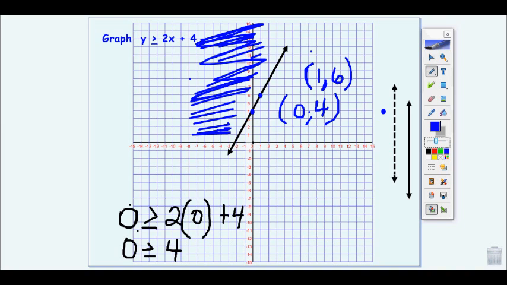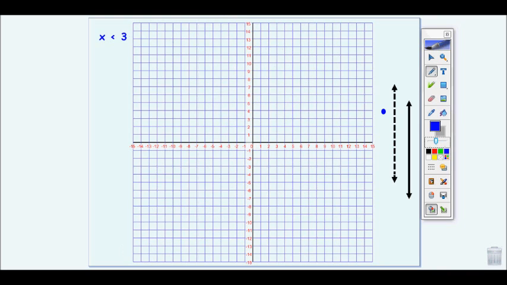I think we have one more of those. We do. Uh-oh, a very famous one. x is less than 3. You don't need to put this one into slope-intercept form. Remember, if x has a value, and that is all, that's going to be a vertical line. x is always going to be 3.